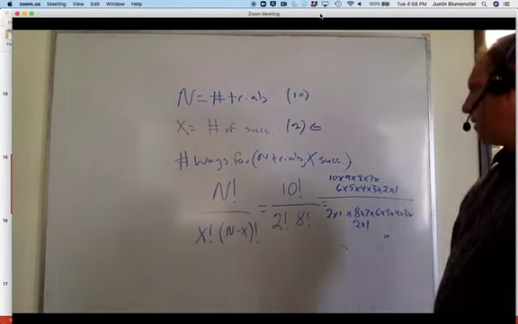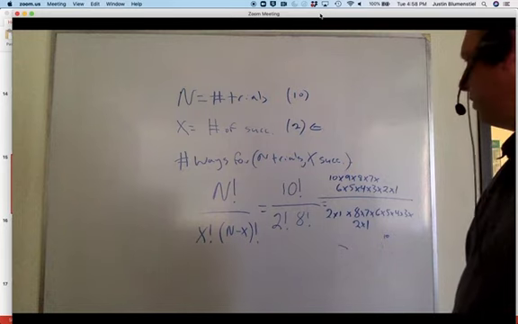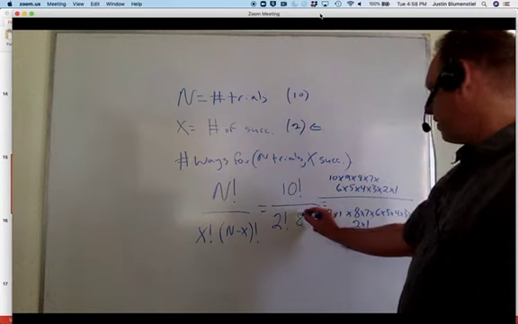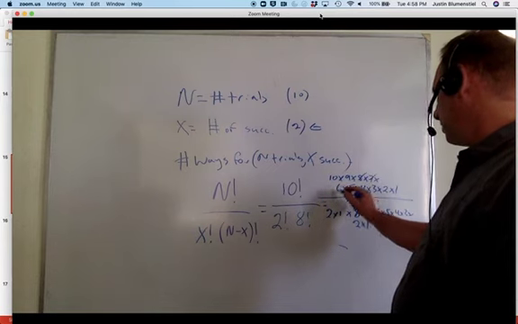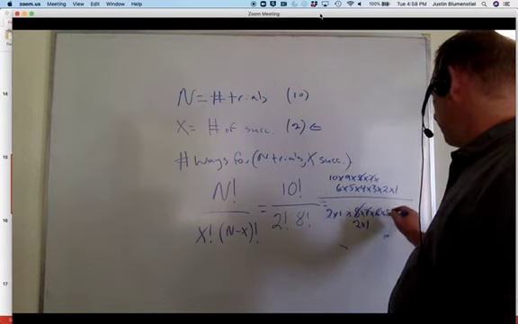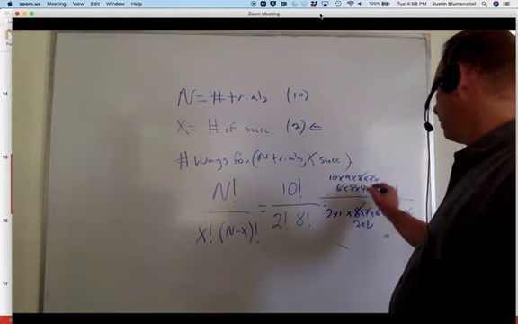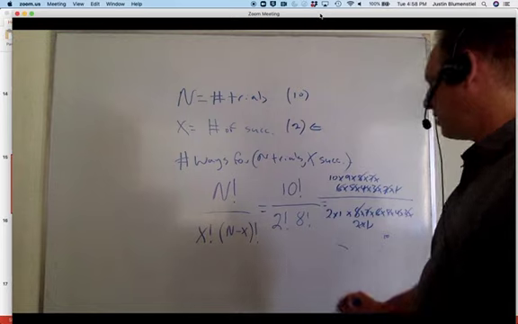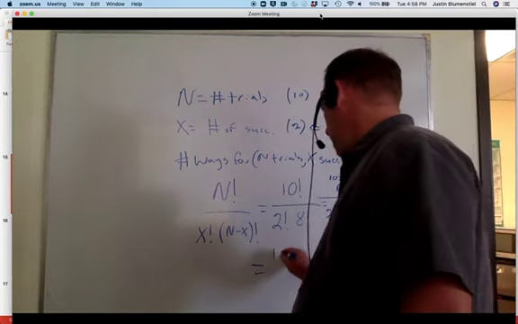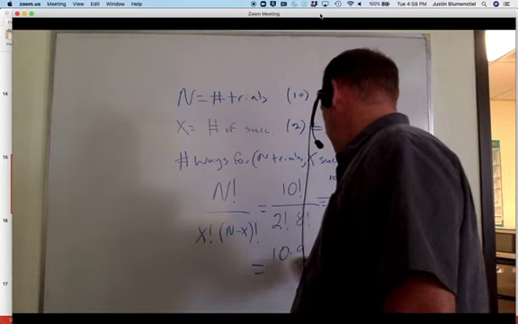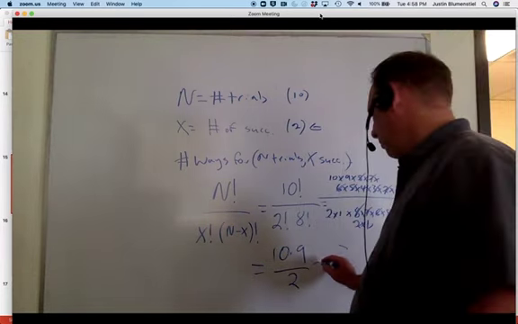Now that's a bit of a bear, but you can see that these things are going to reduce in a nice convenient way, because all of this 8 factorial disappears. So 8 factorial is just disappearing. What this ends up being is 10 times 9 divided by 2, so 90 divided by 2, or 45.